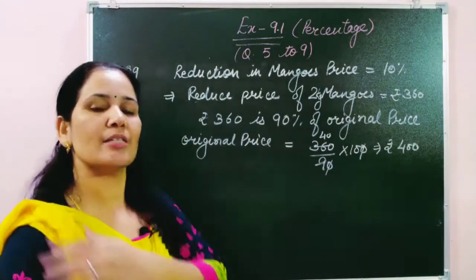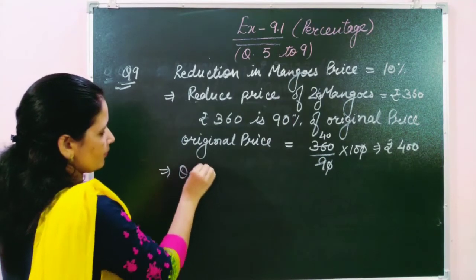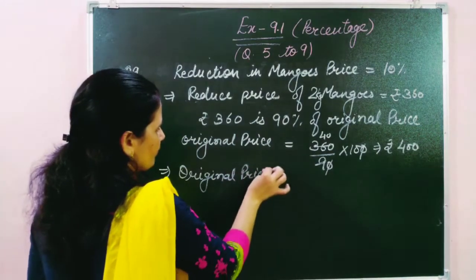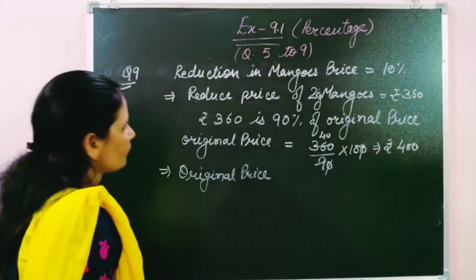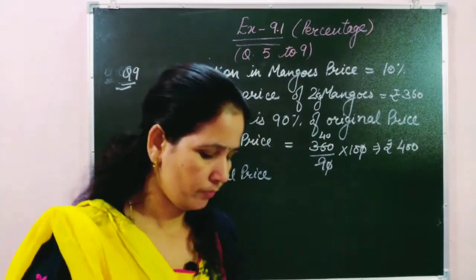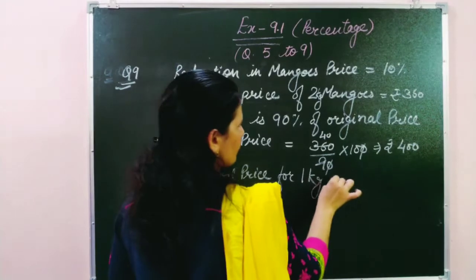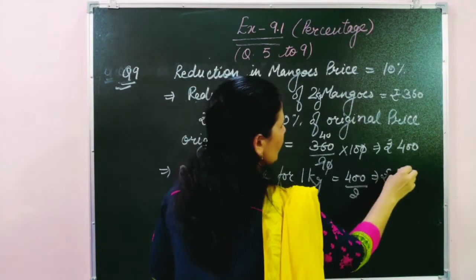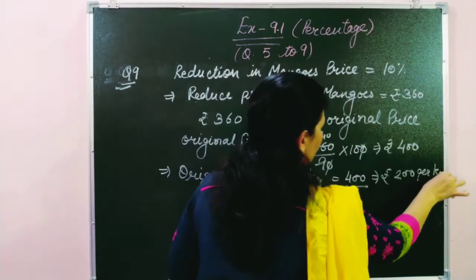So the original price for 1 kg mango, that means 400 divided by 2, that means rupees 200 is the original price per kg.